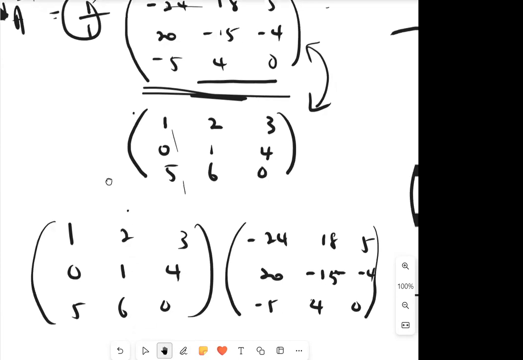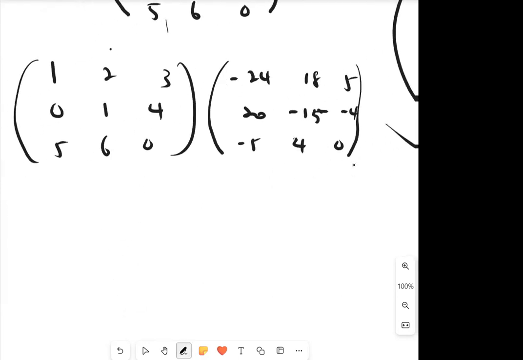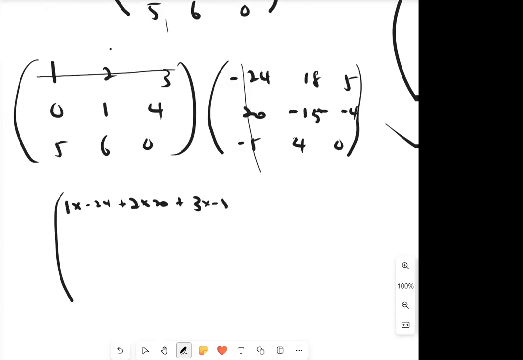So let me go with this row by this column, right? So 1 by minus 24 plus 2 by 20 plus 3 by minus 5. How much is that work out? You're supposed to get 1. Let me go with this row now on this column.